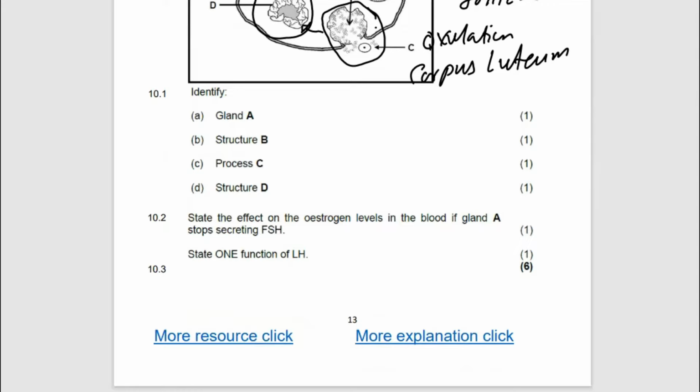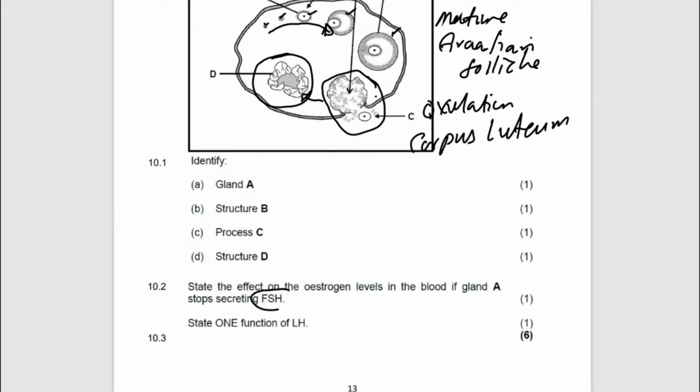It's 1 mark, but you have to know the criteria behind it. What's the function of follicle stimulating hormone? The function of follicle stimulating hormone is a hormone that stimulates the Graafian follicle. So if the Graafian follicle does not develop, and we know that this Graafian follicle is the one which produces estrogen.